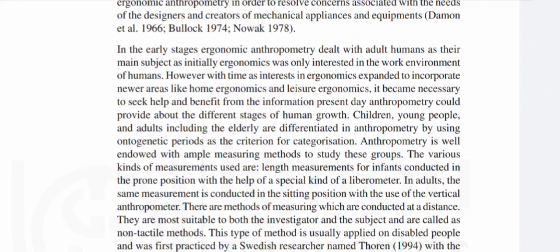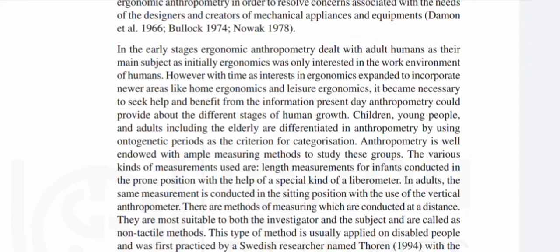The various kinds of measurements used are length measurements for infants, conducted in the prone position with the help of a special kind of infantometer. In adults, the same measurement is conducted in the sitting position with the use of a vertical anthropometer. There are methods of measuring which are conducted at a distance.